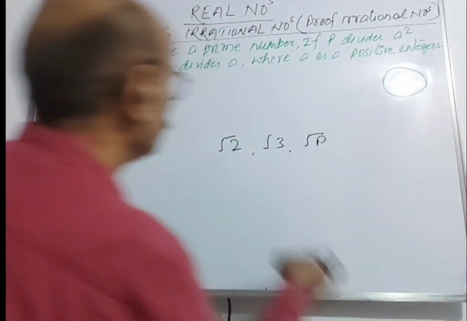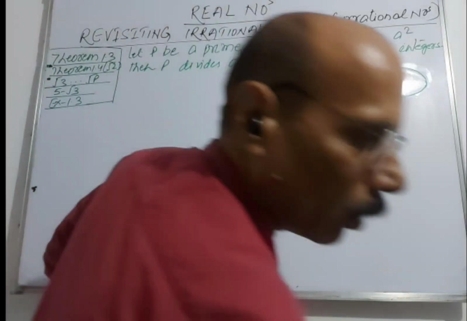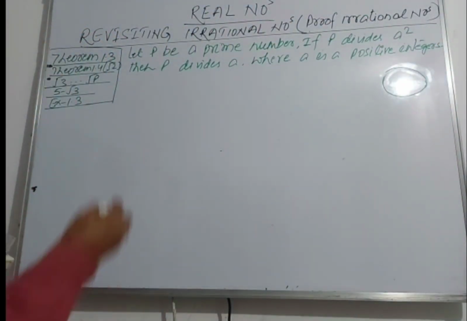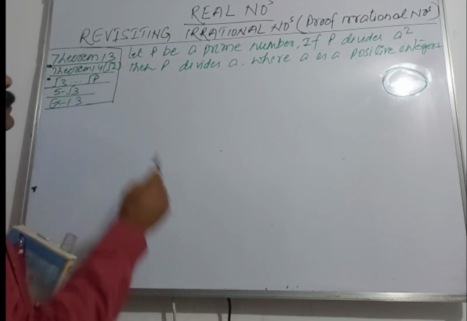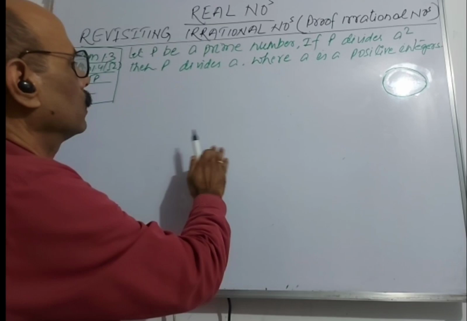To prove the irrationality of a number, first of all, we will need one theorem, and that theorem is Theorem 1.3. Let p be a prime number.